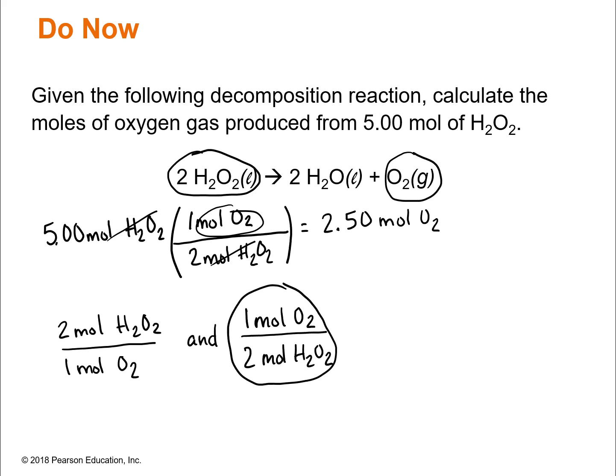I know there aren't that many of us, but I need some participation. Let me know how we're doing with this one. Does this at least ring a bell if you couldn't get it done? Does it look a little familiar? Okay, thank you.